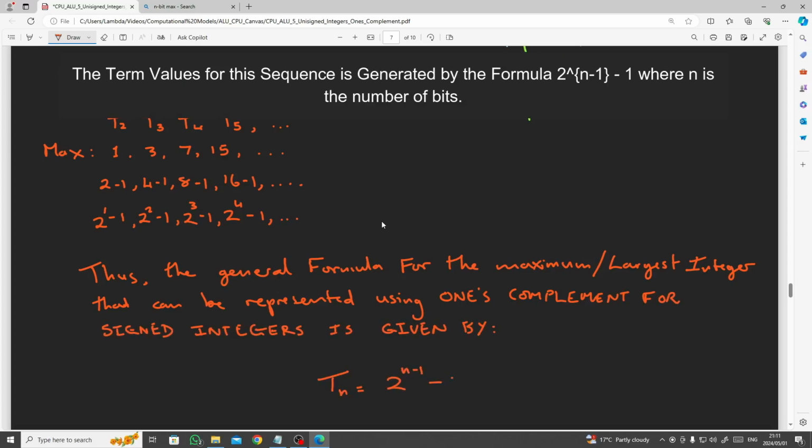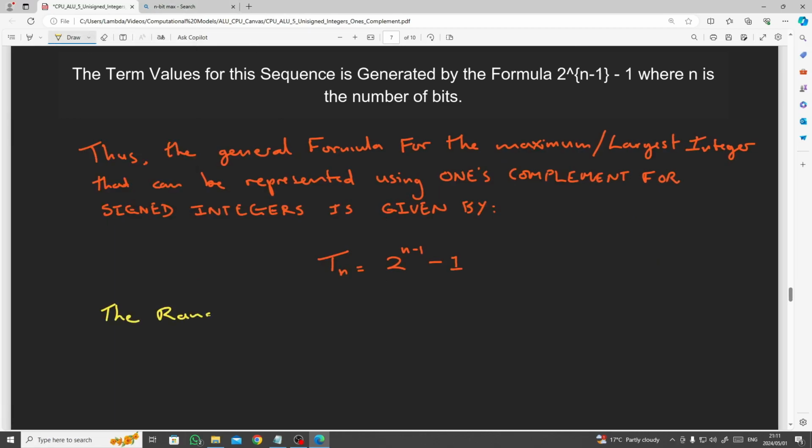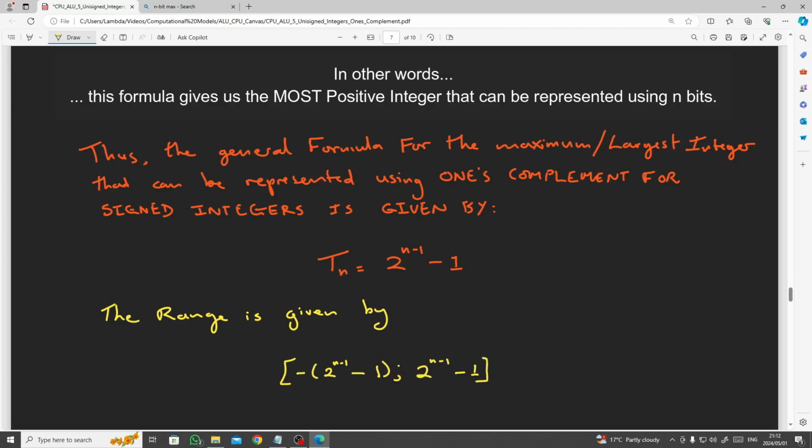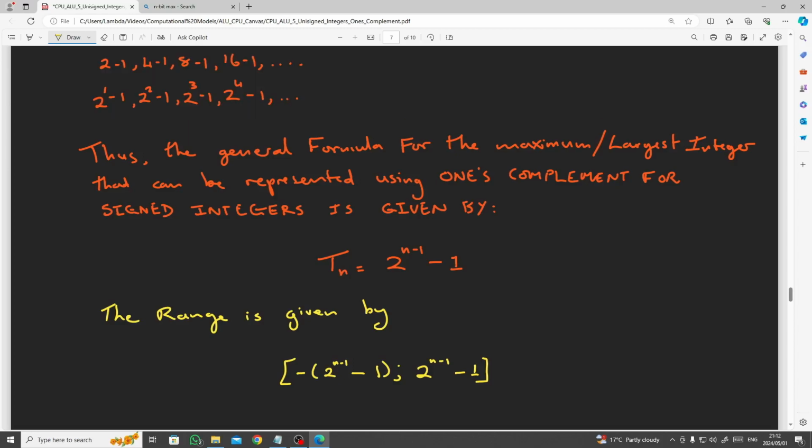The term values for this sequence are generated by the formula 2 to the n minus 1, minus 1, where n is the number of bits. In other words, this formula gives us the most positive integer that can be represented using n bits.